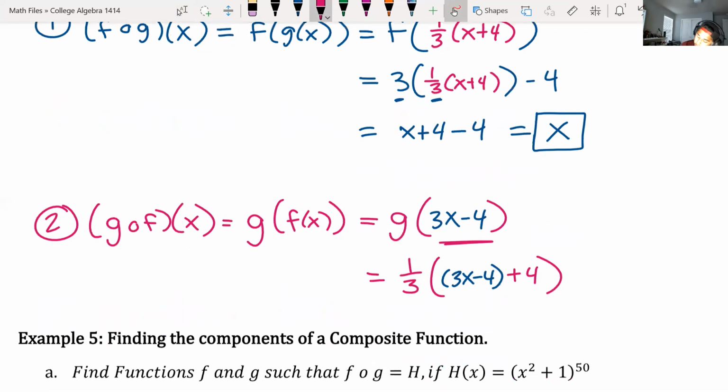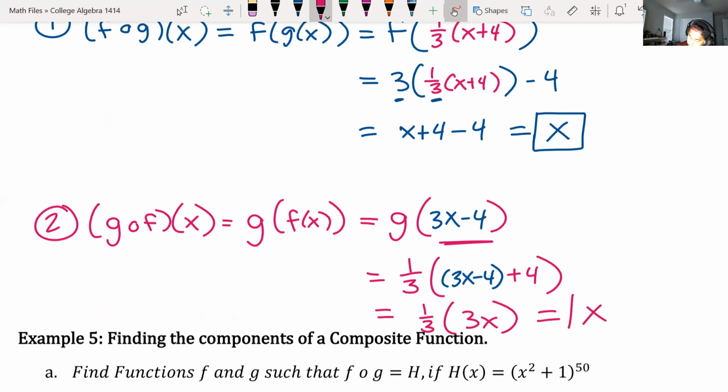Okay. And then this becomes 1/3 times, your 4s will cancel. So you'll get 1/3 times 3x. And again, the 1/3 and the 3 will what? Cancel out. Make it a 1.